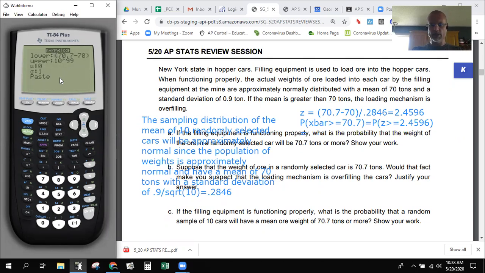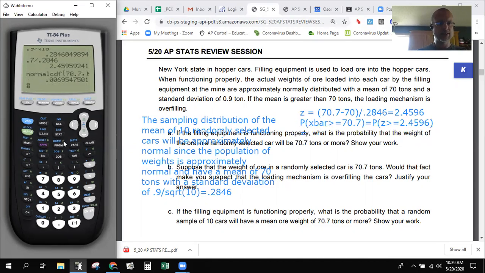I'm going to do it a couple different ways. I'm going to say the lower is 70.7. Enter. The upper is 10 to the 99. The mean is 70, and the standard deviation is 0.2846. I'm going to paste it, and I'm going to get 0.00695.